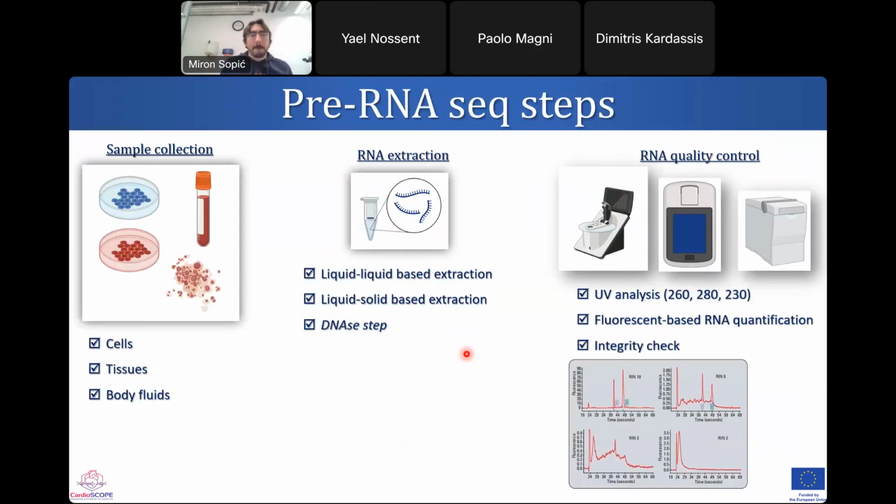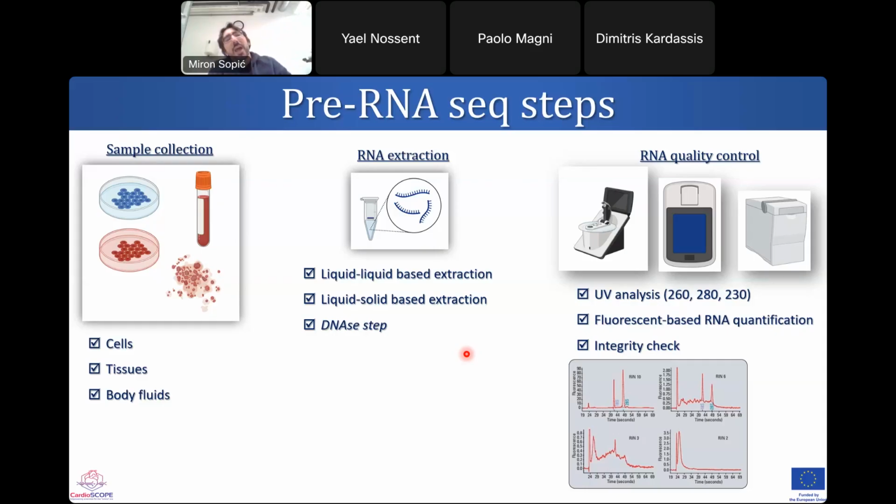So before we start with the sequencing, we need to really make sure that we understand what we want to do and what the prerequisites or predeterminants of our samples are. We want the data that we have to be reliable data. So the first step, of course, is going to be sample collection, and the type of sample can really influence the sequencing approach you are going to use.